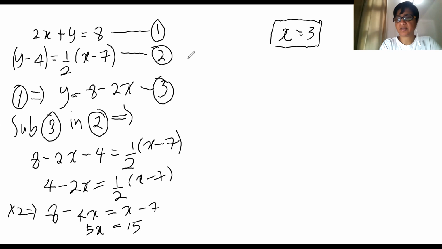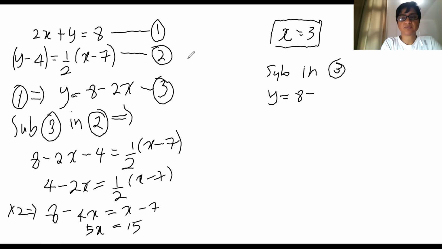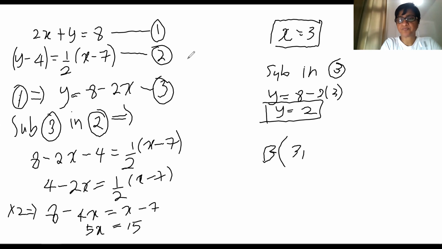And then if I sub that in 3, I get y is equal to 8 minus 2 times 3, that is 2. Right? So my point B coordinates are 3, 2. Got it now, others?